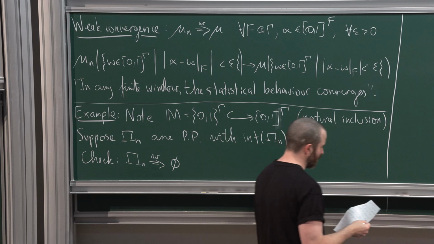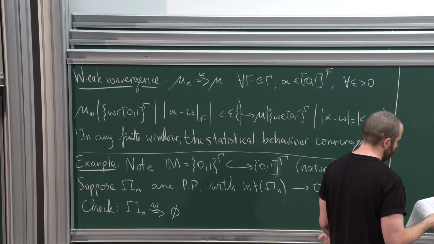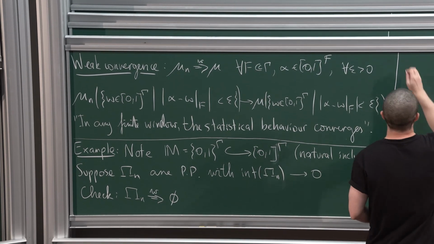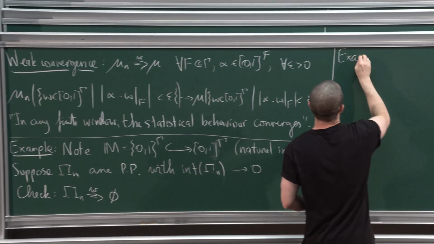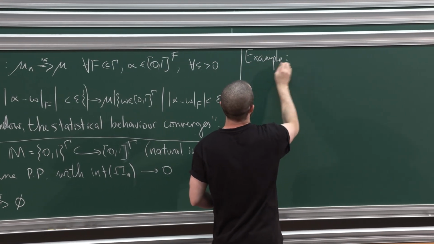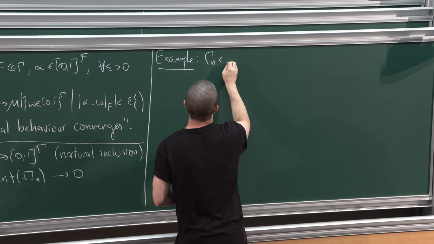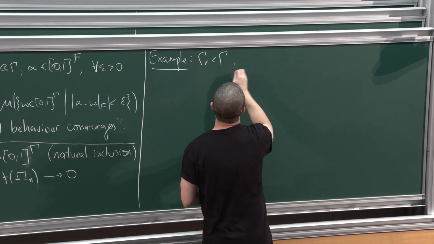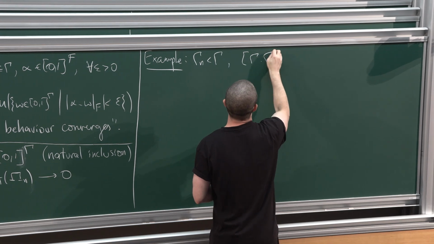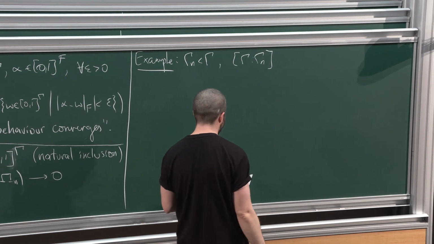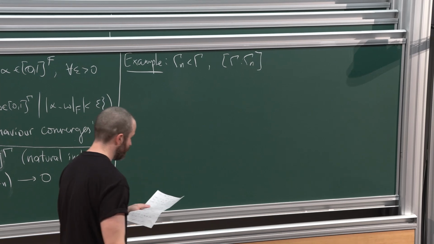And I'll give you an example. The relevant example is, if we take a sequence of finite index subgroups with index tending to infinity, this is something which will be implied by the Farber condition.